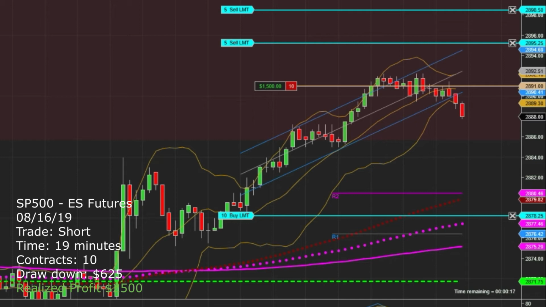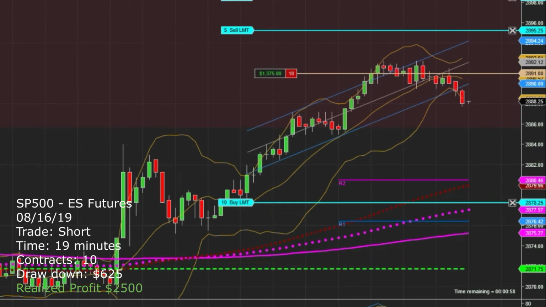Seeing a little bit further continuation to the downside here. Obviously a very slow trade here, but this is how trading works. It's a slow grind, often with periodic lightning spikes up and down.